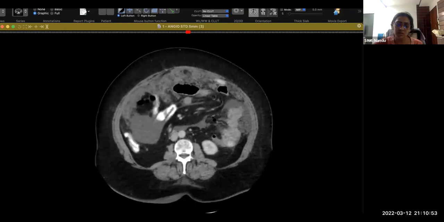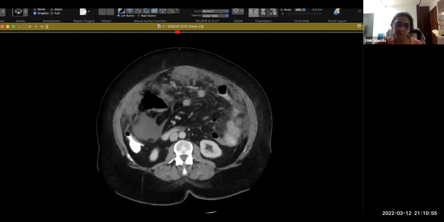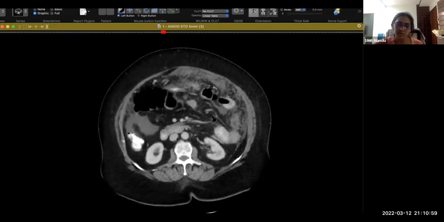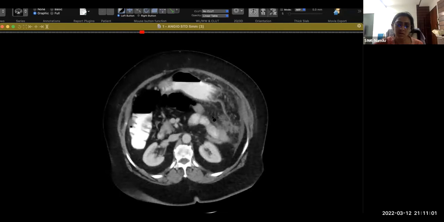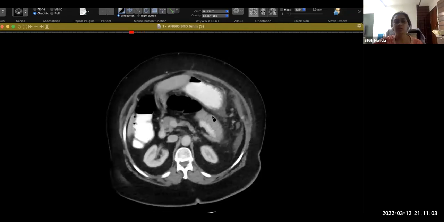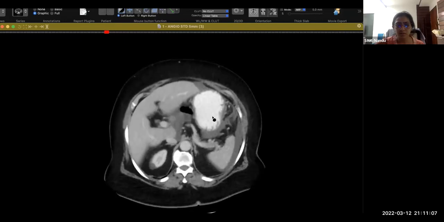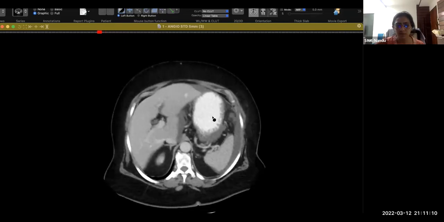I would inform the findings to the referring clinician and suggest an image-guided biopsy of the peritoneal thickening for culture sensitivity and evaluation for TB. And there are no abnormally enlarged nodes seen on this scan.